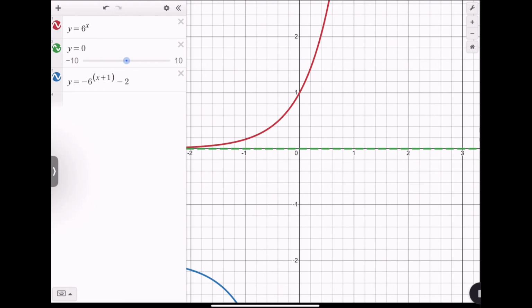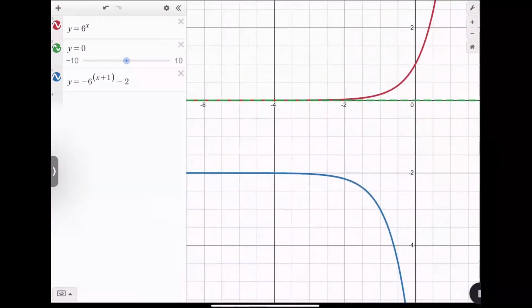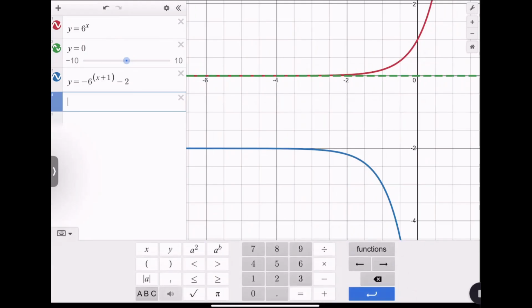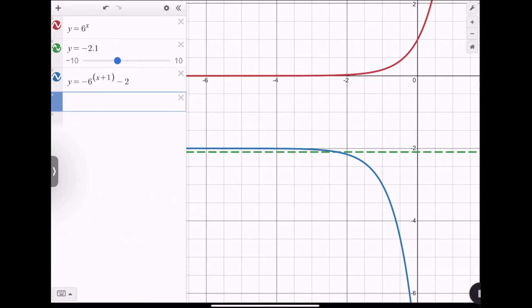So if you look at the second equation, the blue line, you know what I can do? I can just do this. The blue line, that's its horizontal asymptote, which is y equals negative 2. So here's my question to you.